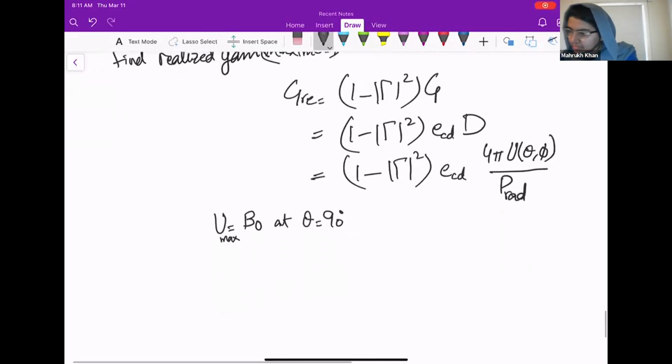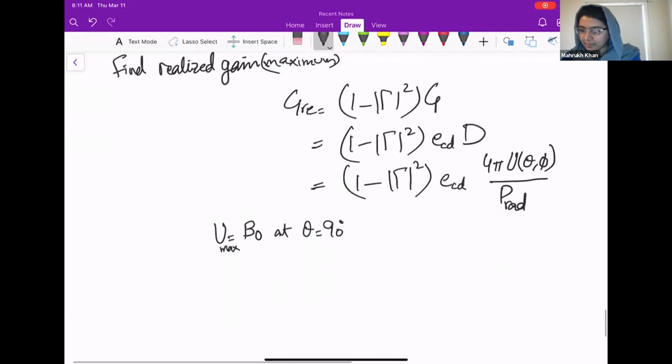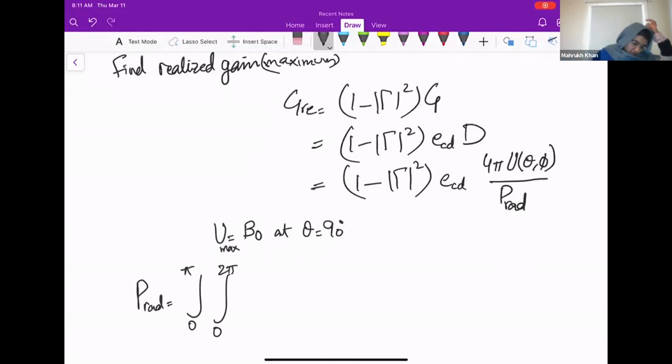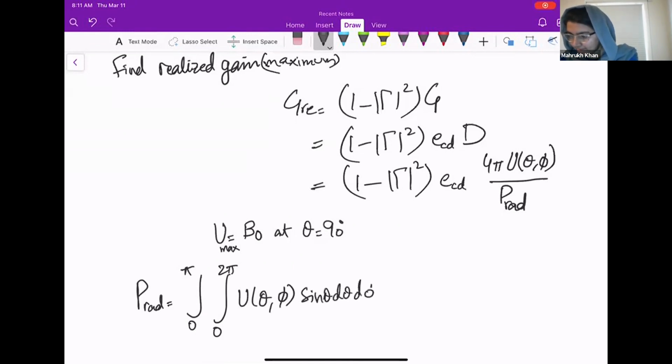So let's do it. If I just try to find P rad first, as they have not given any angles, we will put just a full angle here. So this will be 2 pi.